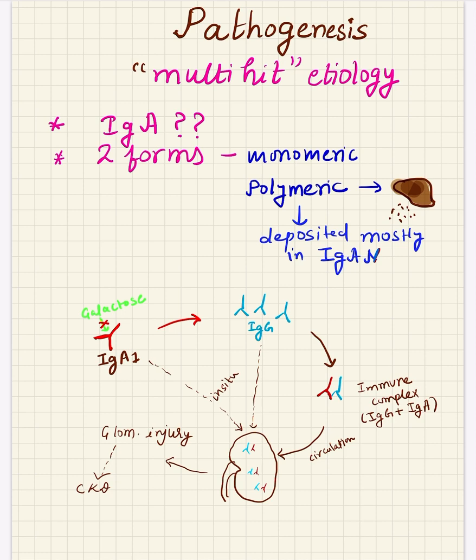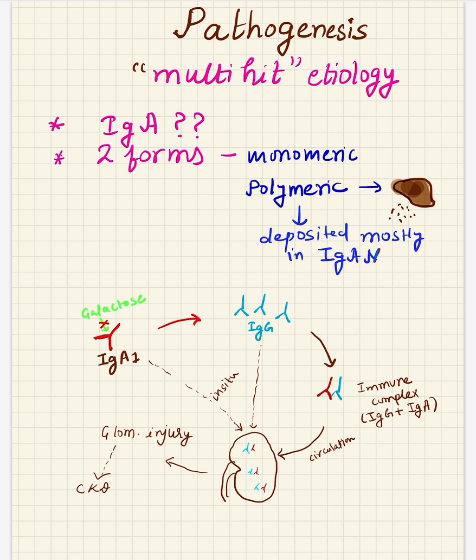There are two forms, monomeric and polymeric. The polymeric form is generally degraded by the liver, so if there is liver disease it can get deposited, and most commonly it is deposited as IgA1. So this is the form which most commonly gets deposited.